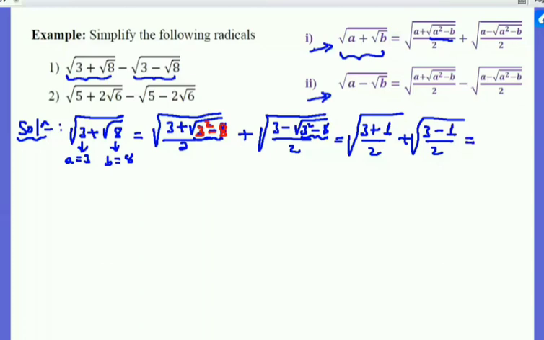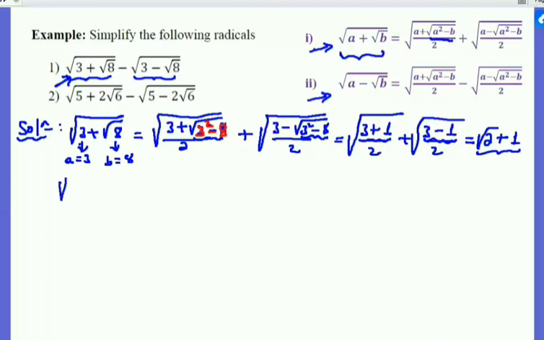So 3 plus 1 is 4, 4 over 2 is 2, in the radical, plus 3 minus 1 is 2, 2 over 2 is 1. Square root of 1 is 1. Therefore, the first expression becomes radical 2 plus 1.